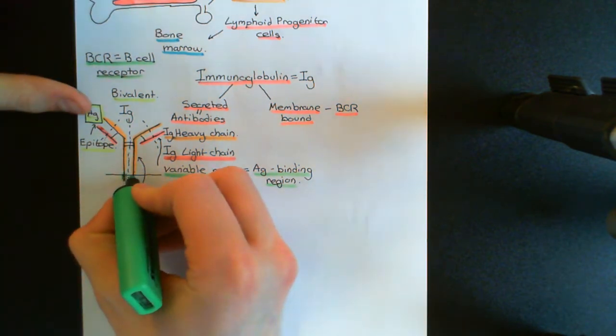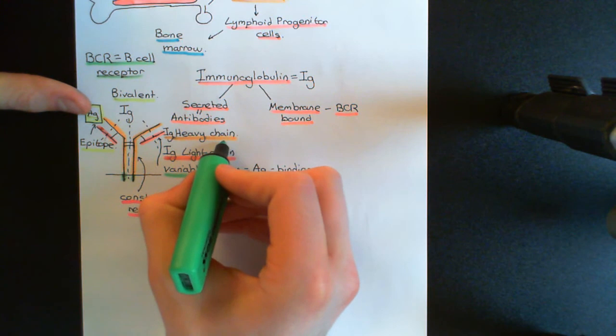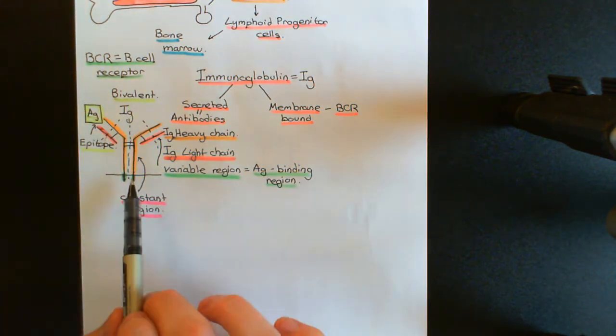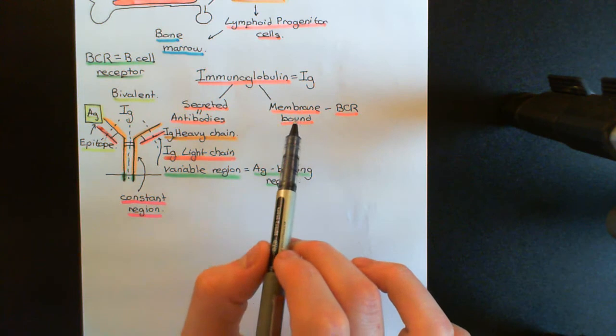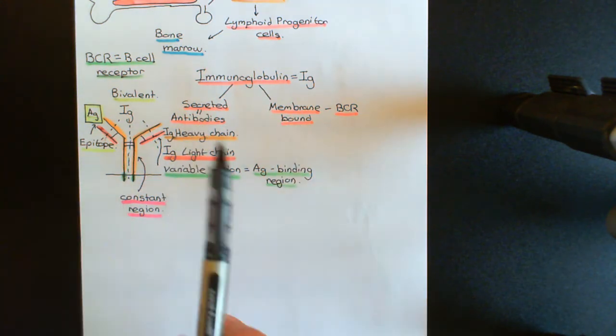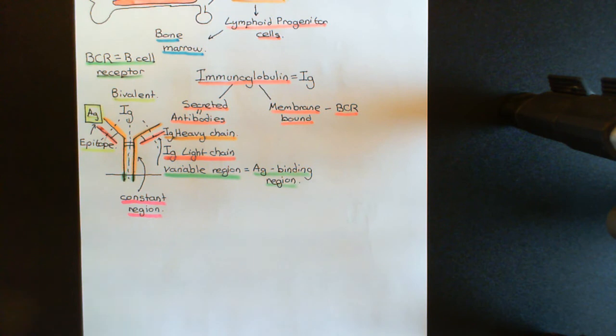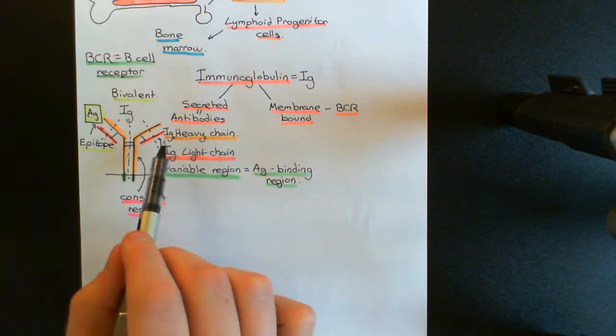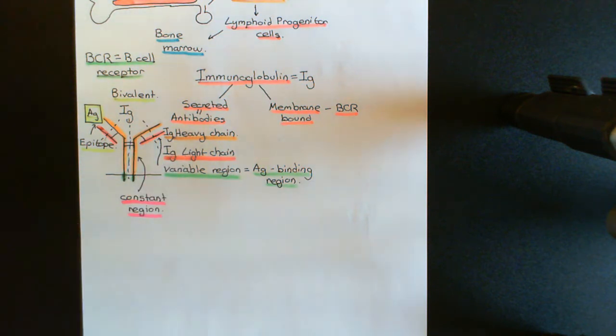So you can choose, when you're producing an immunoglobulin heavy chain according to your design, whether you want to include the membrane-bound portion, the bit that will span membranes, or not. And this is not a modification that will be made on the level of the DNA. This is a modification that will be made at the level of splicing. So once you've designed your immunoglobulin heavy chain, when you're actually transcribing it, you'll produce a nice big piece of mRNA, and this will all become more apparent later on.